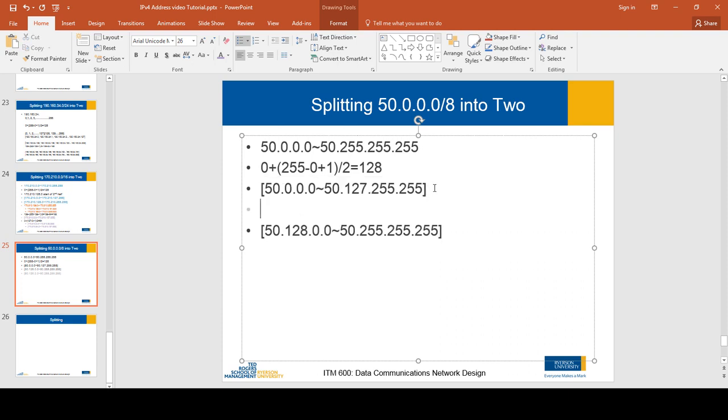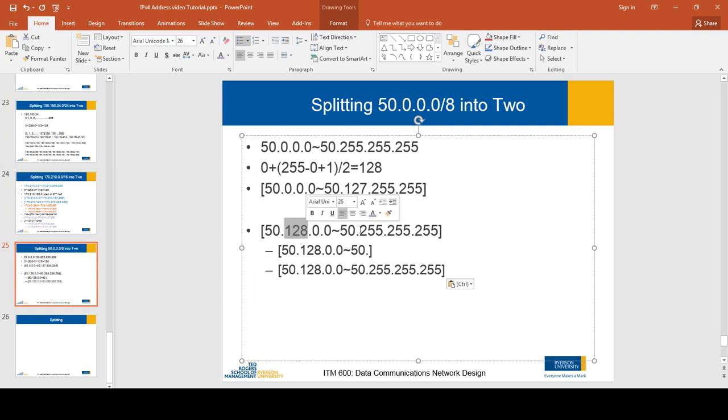Now just to give another example, I will split this half into two. The start of the first half is the start of the original, and the end of the first half will be something else. I'll find that out, but let's first find the start of the second half, which is the midpoint between 128 and 255 on the second octet. You can do that easily. 128 plus 255 minus 128 plus 1, divided by 2, which is 64.